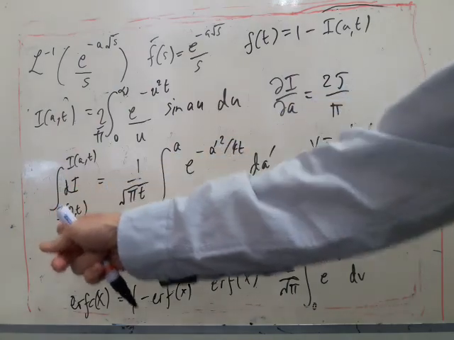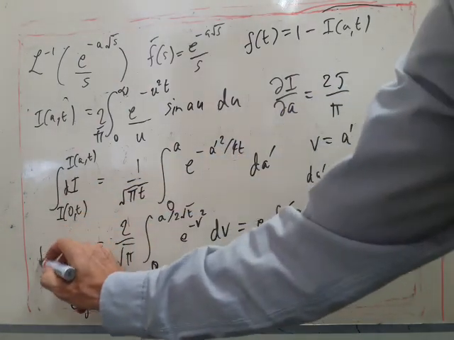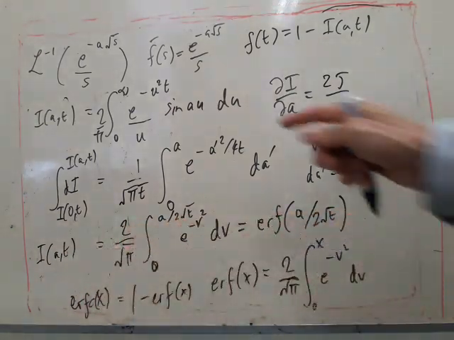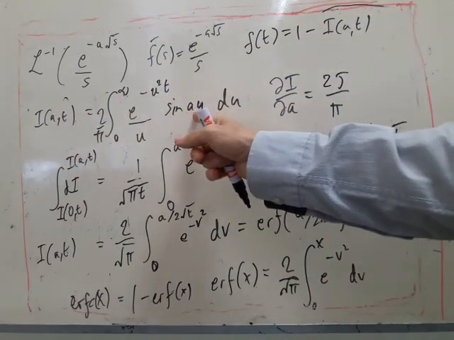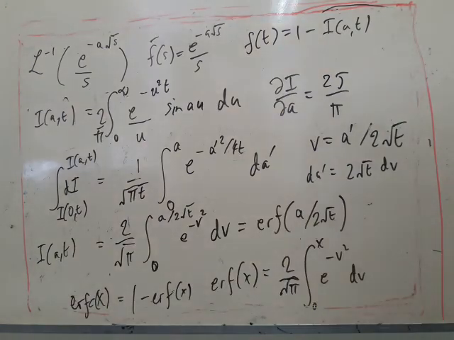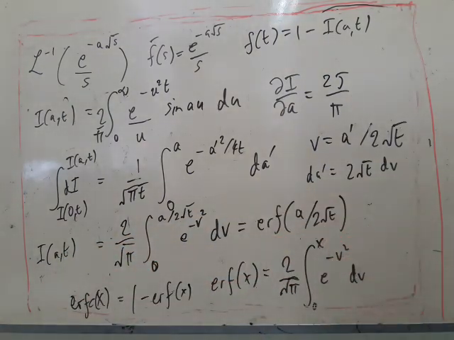So this integral here, which I then need to actually say what this thing is. So we've got I of a, t, and then when a equals 0, what is I? Well, when you've got sine 0, so that's just 0. So this is actually just 0 in the end. And we have that I(a,t) is equal to erf of a over 2 root t.